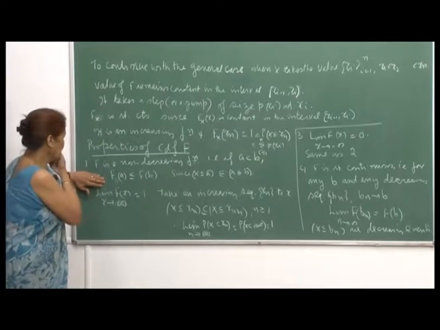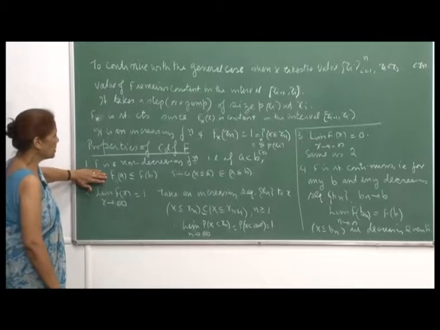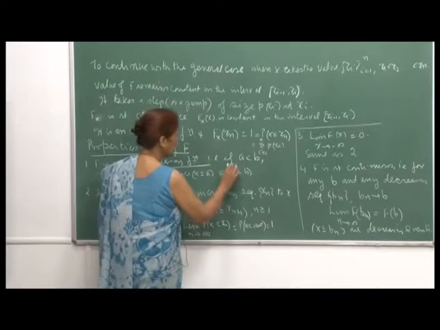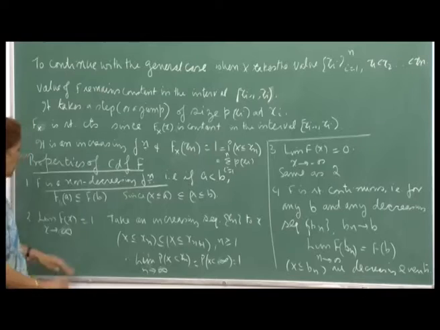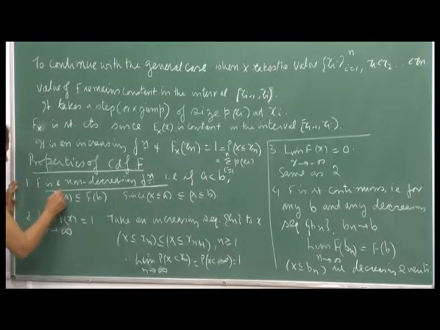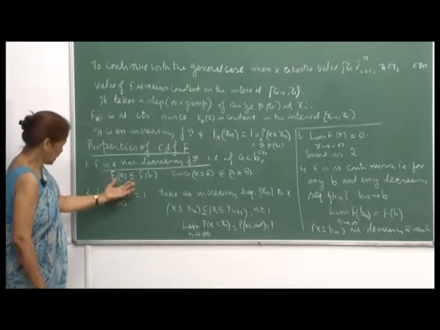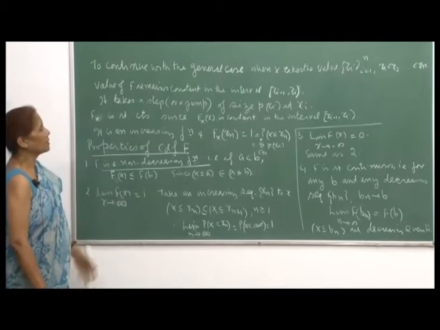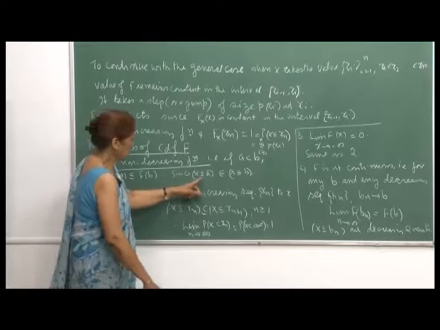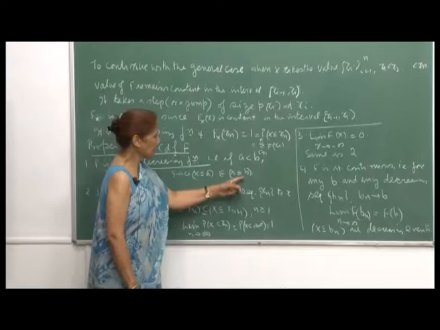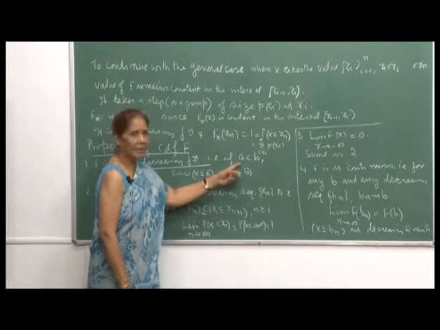As we have seen, the function has to be an increasing function. What do we mean when we say a function is increasing? If a is less than b, then the value of the function at a must be less than or equal to the value of the function at b. This can be easily explained. I have already done it through examples, but you see that the event X less than or equal to a is a subset of the event X less than or equal to b, because b is bigger than a.